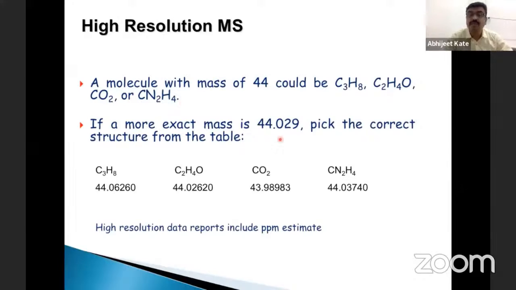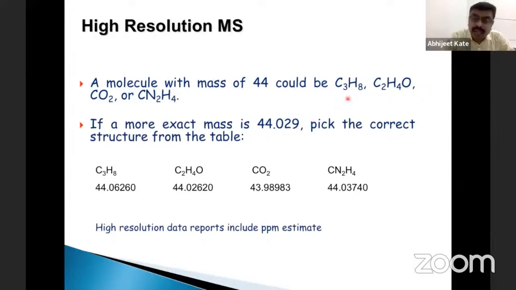However, if you know the exact mass, that is what we get through high resolution mass spectrometry. That is also referred to as accurate mass. And that can be up to 3 decimal places, 5 decimal places, based on your instrument resolution. In this case, let's take an example where we have got 44.029.